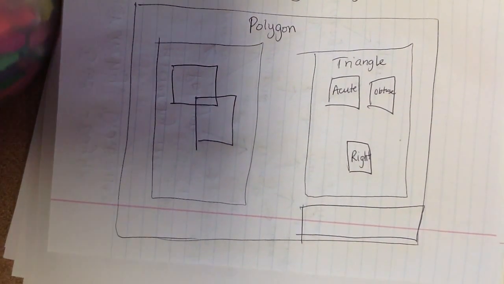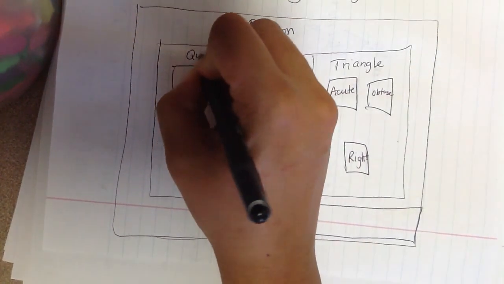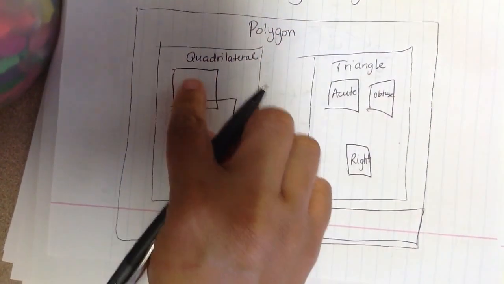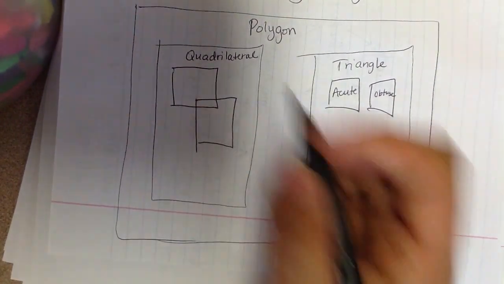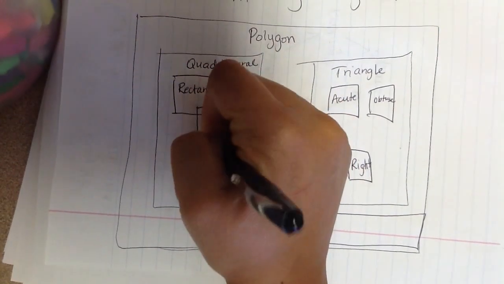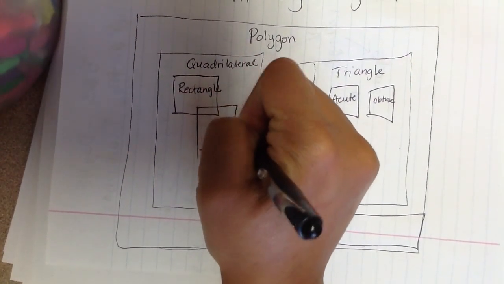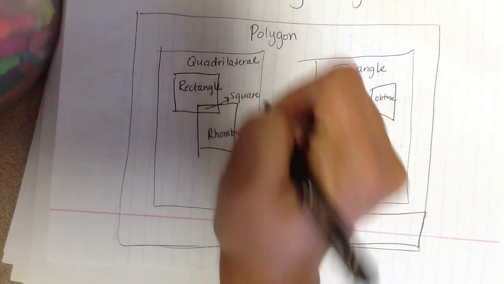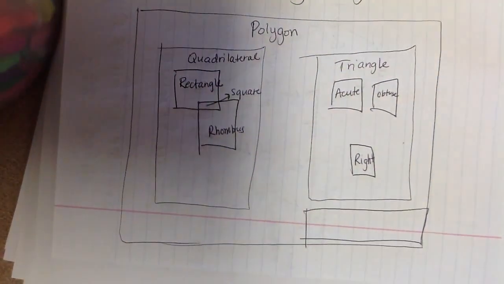All right. Over here, we could put quadrilateral, which is a shape with 4 sides. And since we have 2 overlapping boxes right here, we could put rectangle and rhombus. And in the middle, we could put a square, because it has the same properties as a rectangle and a rhombus.